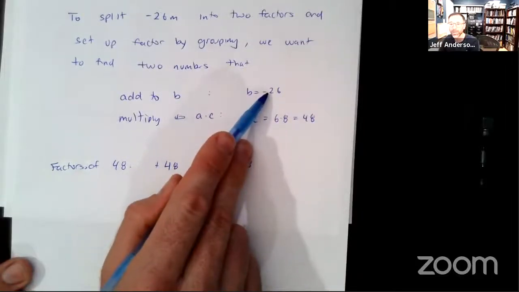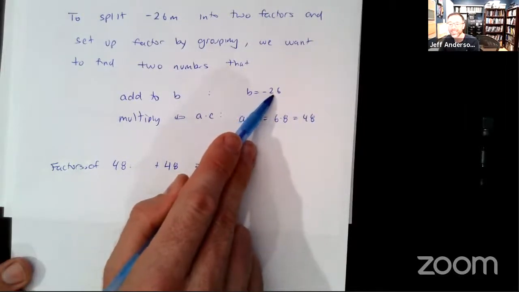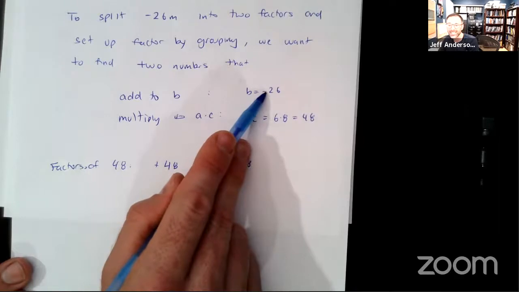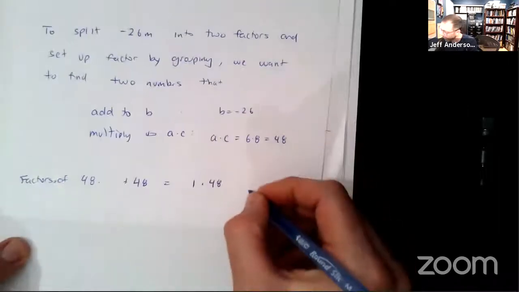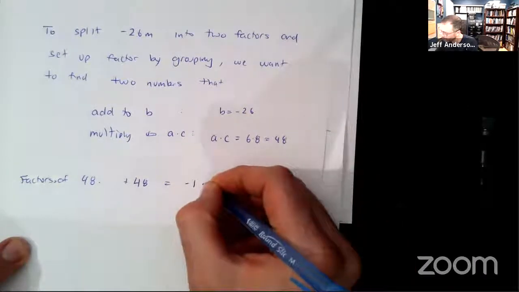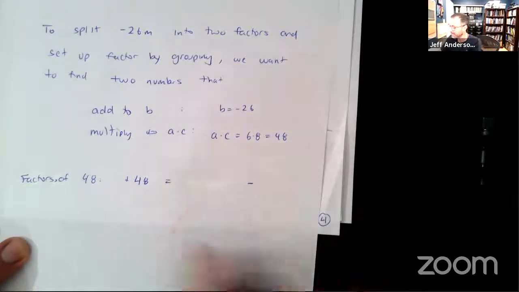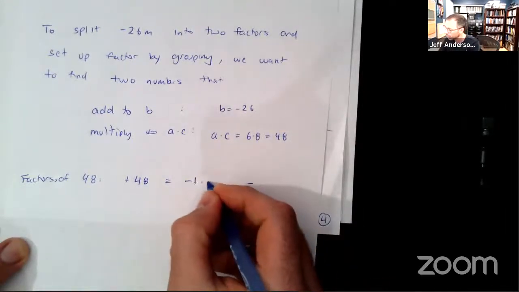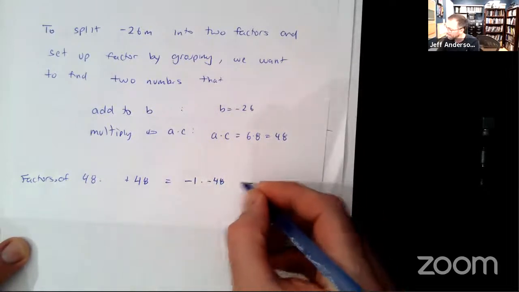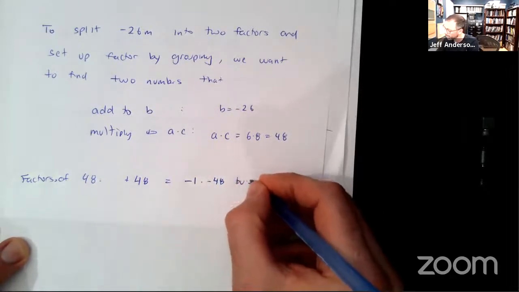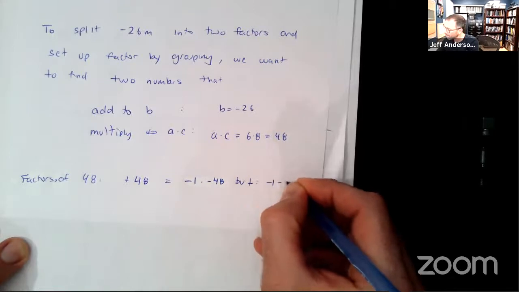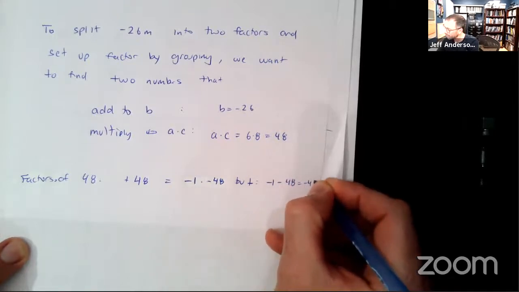Do any of those get remotely close to negative 26? In fact, because this is negative, I'm going to say both of these should be negative, right? Because the only way to add to a negative number and multiply to a positive number is if I have two negative numbers. But negative 1 minus 48 is negative 49.